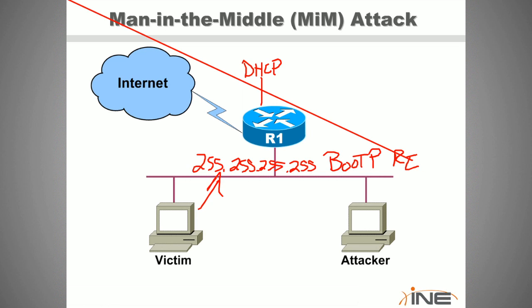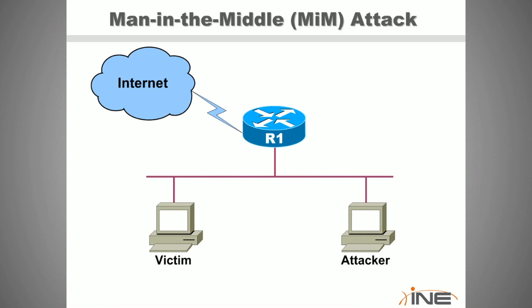Okay, so it's a UDP broadcast. It's trying to get a lease from the DHCP server. So the router receives this. It's going to forward it on to the DHCP server. So we're doing something like an IP helper address to forward the UDP broadcasts. The DHCP server is going to reply back with an offer, and then the legitimate host is going to accept that.